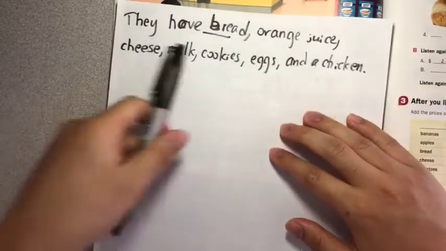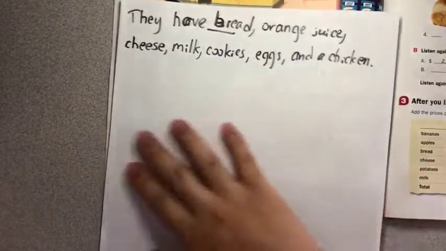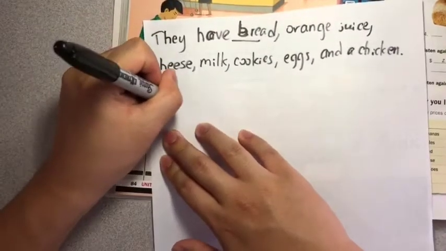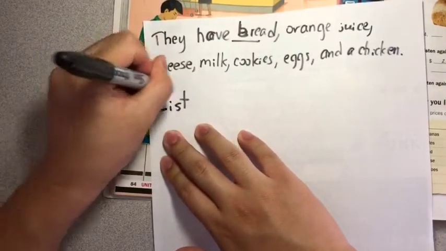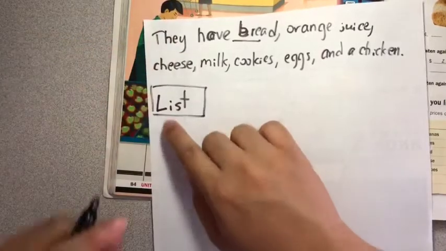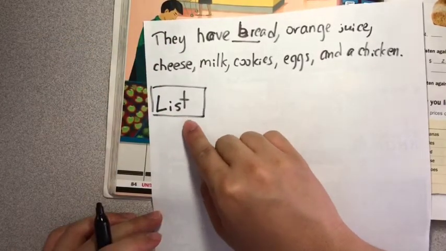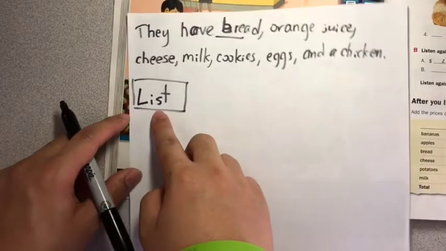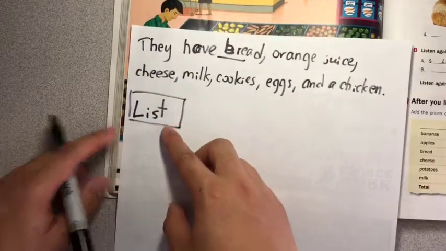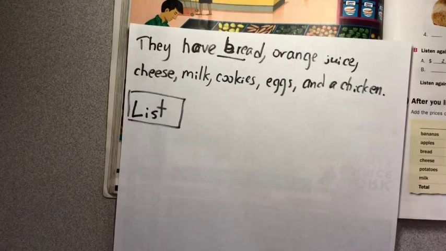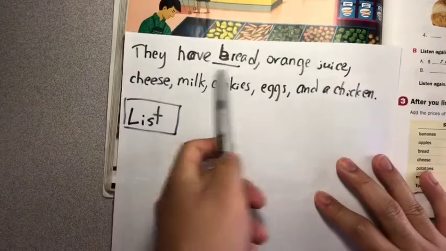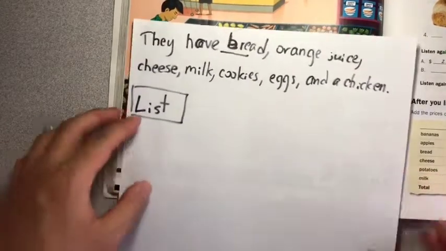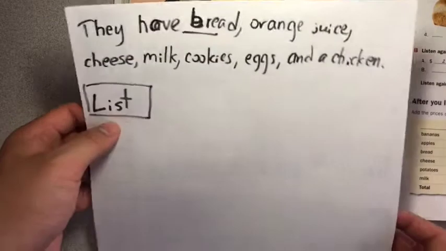Okay? This is a list of items. List. L-I-S-T. A list is a collection of items. So when you go to the store, you have a grocery list.